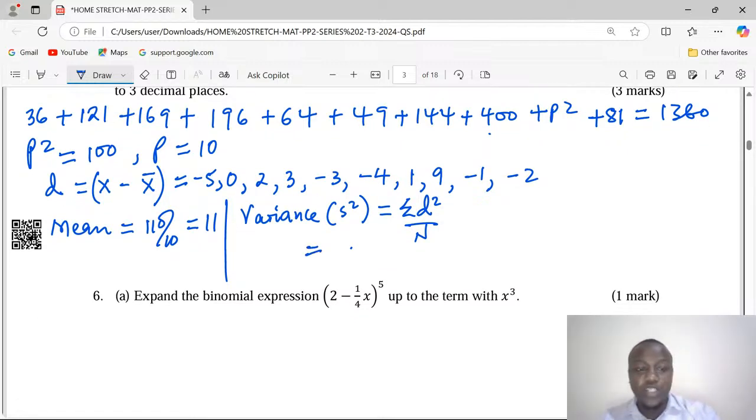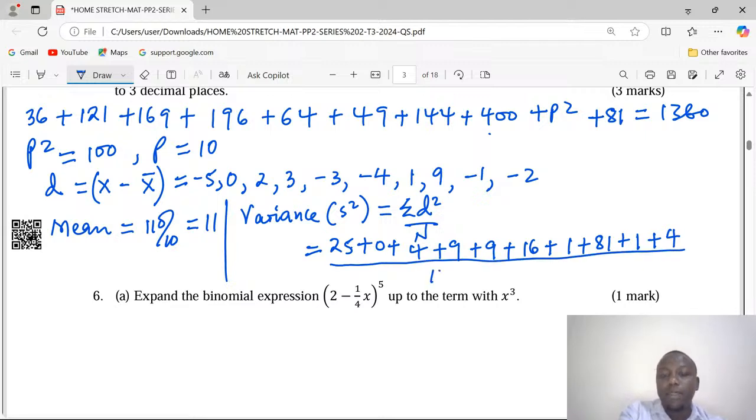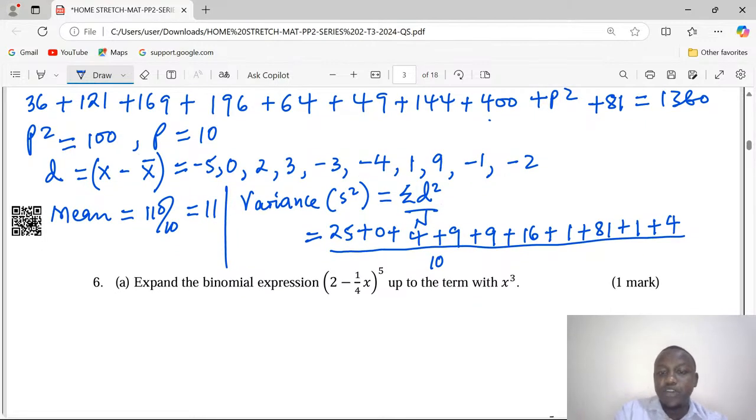So we add -5 squared is 25, plus 0 squared is 0, 2 squared is 4, 3 squared is 9, -3 squared is also 9, -4 squared is 16, 1 squared is 1, 9 squared is 81, 1 squared is 1, -2 squared is 4, then divided by 10. This is going to give us exactly 150 over 10, which is 15. So the variance equals 15.